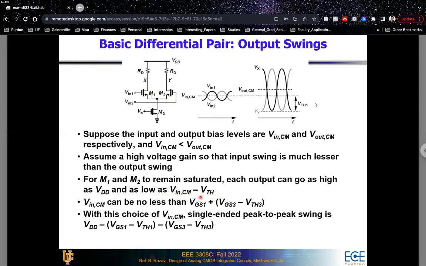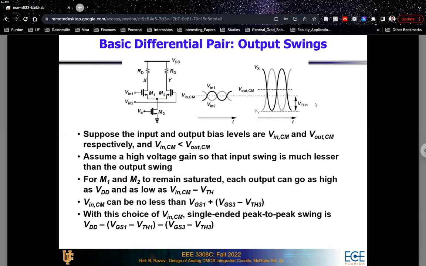Because if the value at the output is lower than Vin,CM minus VTH, so that is, let's say at point X or point Y, the value of voltage is less than Vin,CM minus VTH. In that case, M1 and M2 will go out of saturation. They will go into triode.